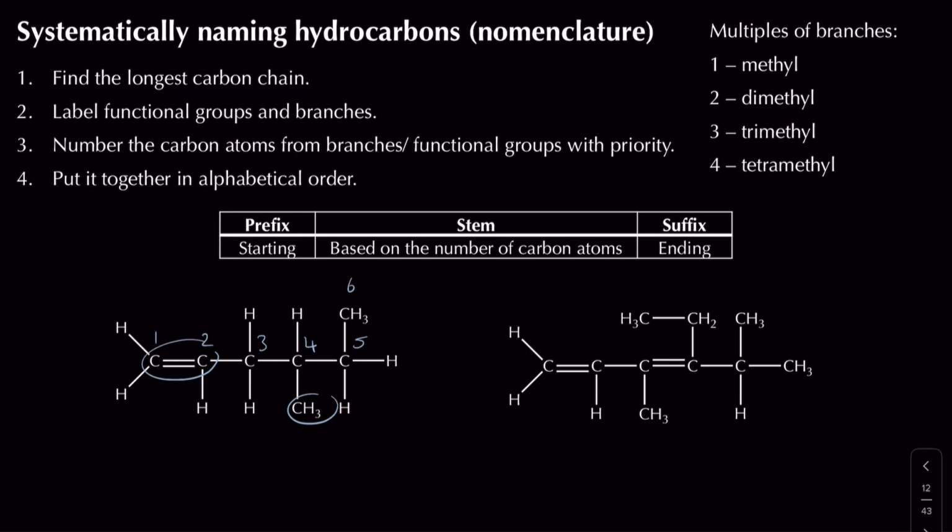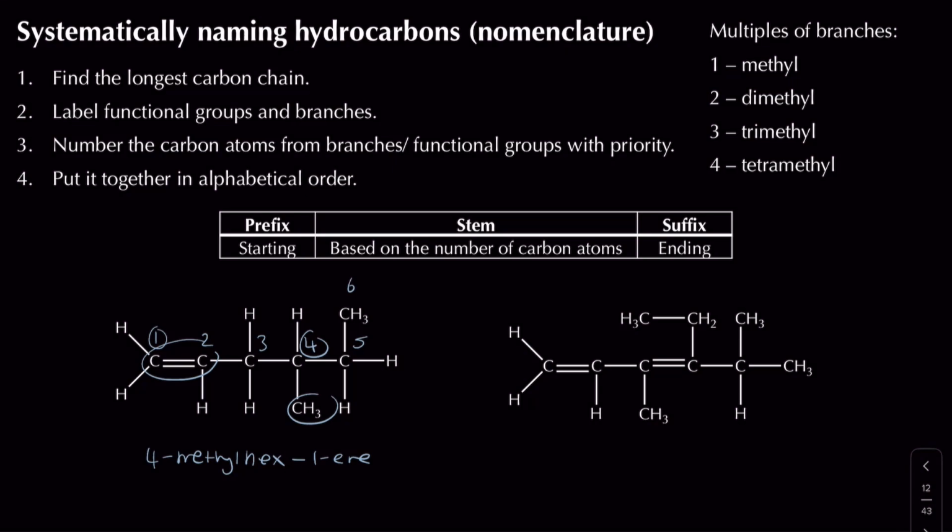It's going to end in ene again, but we need to highlight the position of the alkene. But I've got a branch on the 4 position as well. So in that case, I've got 4, only 1 methyl, not 2, don't make that mistake. 4 methyl, and then it's going to be hex, because I've got 6 carbon atoms, and then I'm going to have the alkene starting at position 1, so it's going to be hex-1-ene.